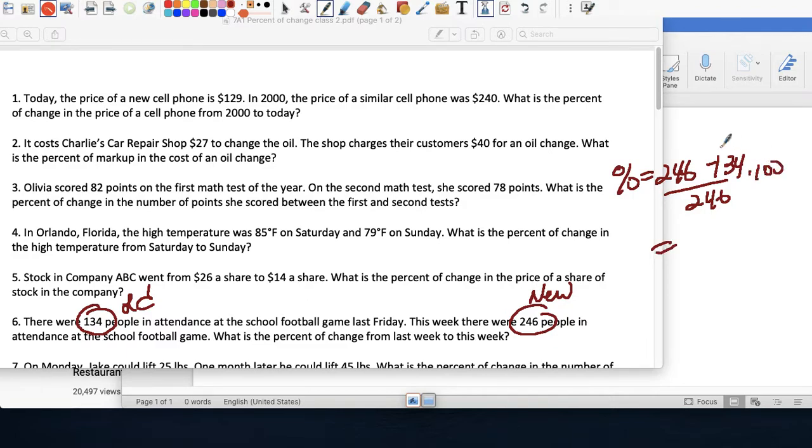So 246 minus 134, enter, divided by 134. You're going to get positive 0.8358 times 100. Move the decimal 1, 2. It becomes 83.58%.